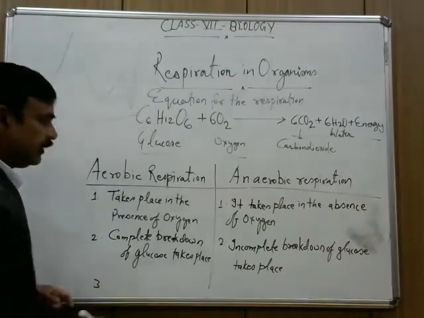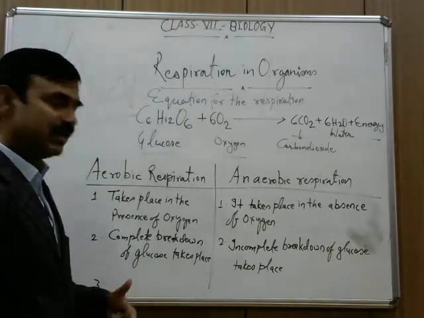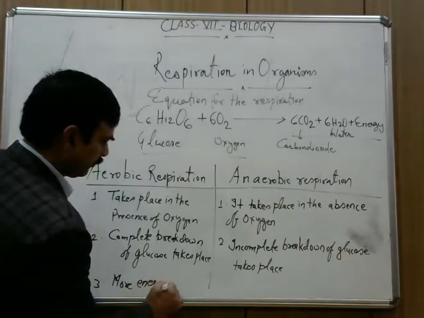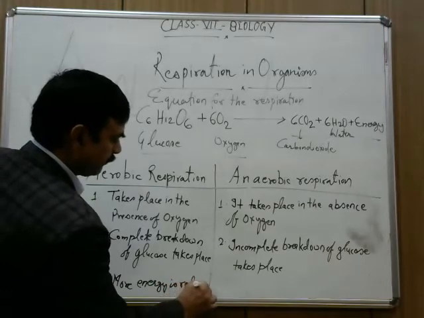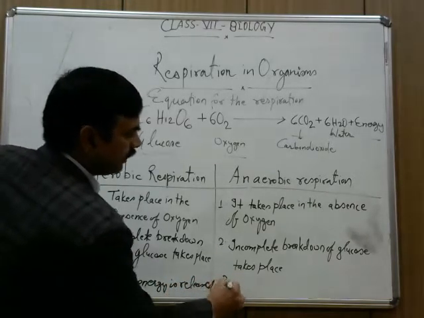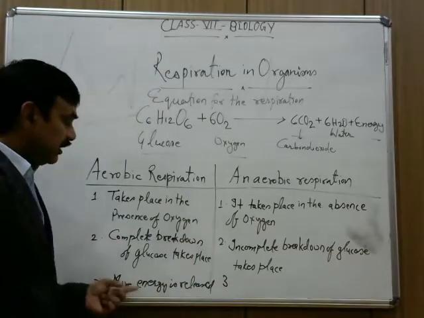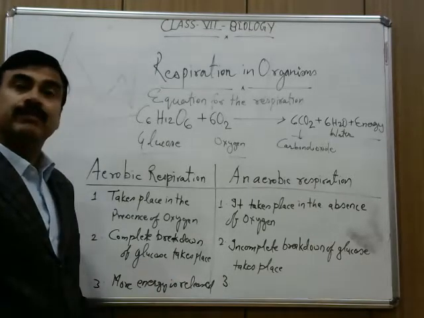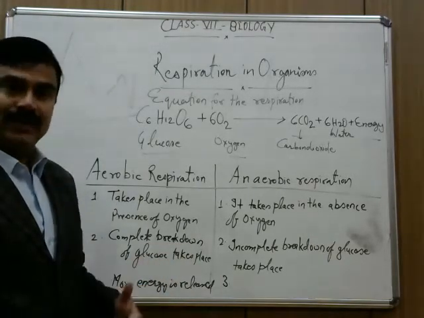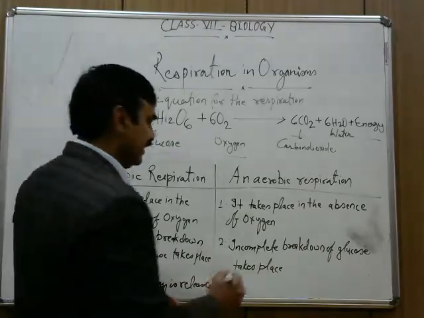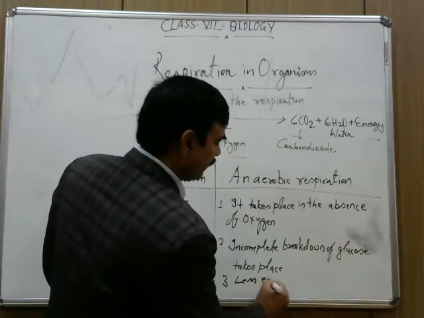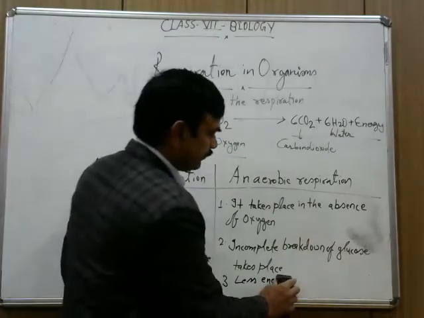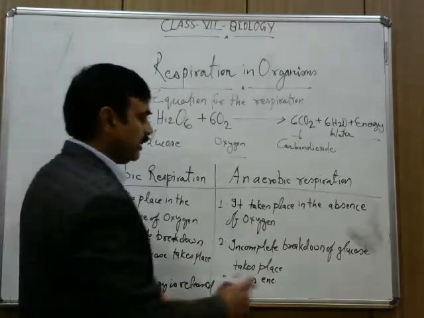Number 3, more energy is released. And here less energy. There are 38 ATP released in this, and in this only 2 ATP is released. So less energy is released, less energy, only 2 ATP.